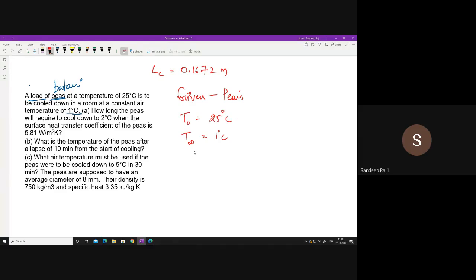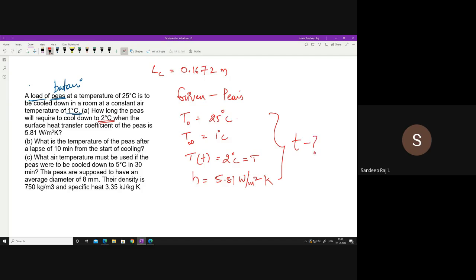And then you have 2 degrees centigrade, which is the temperature at time t. Simply we'll call it T. And h is given. The h value is 5.81 watt per meter square Kelvin. And using this, he is asking you to find out the time in the process.